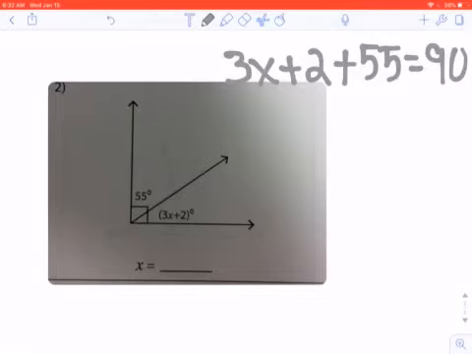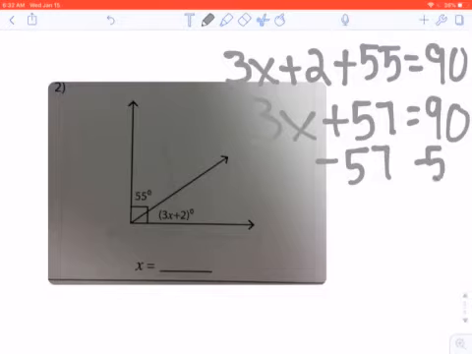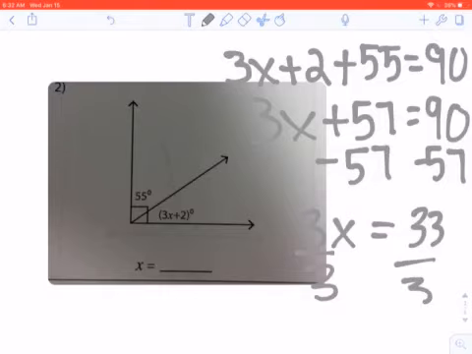So first I'm going to combine the 2 and the 55 to get 57. Okay, and we're going to solve this just like we normally would an equation. Subtract 57. 90 minus 57 gives me 33, and that equals 3 times x. So now I'm going to divide by 3. So x in this case is 11.